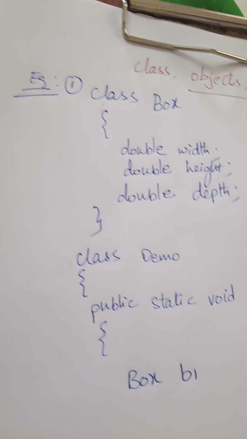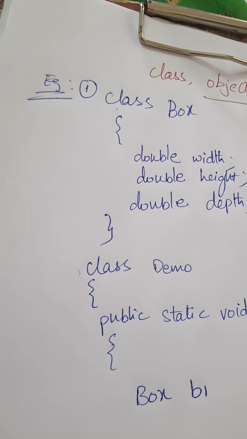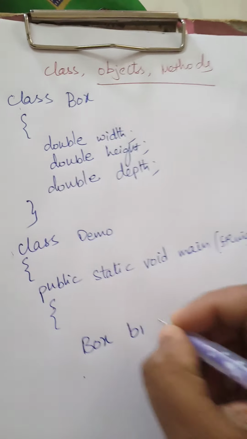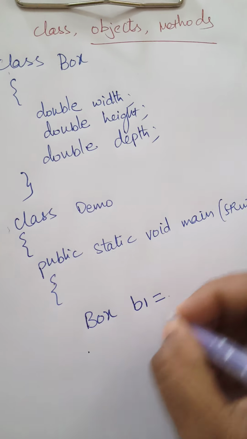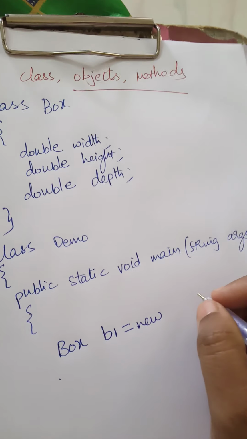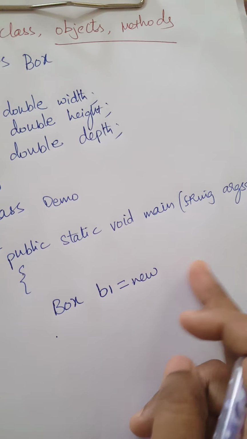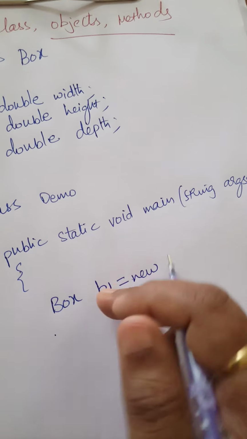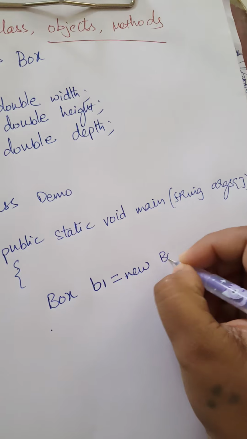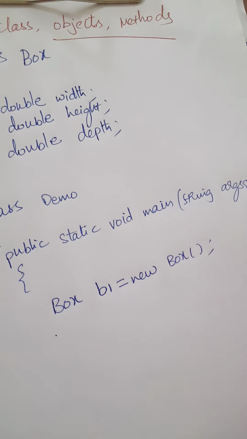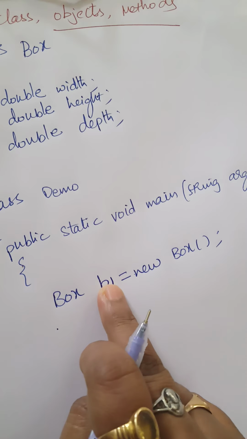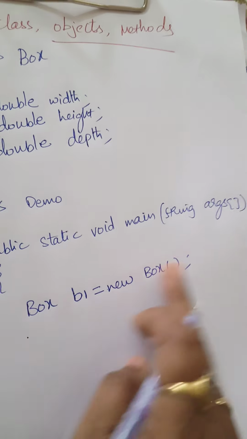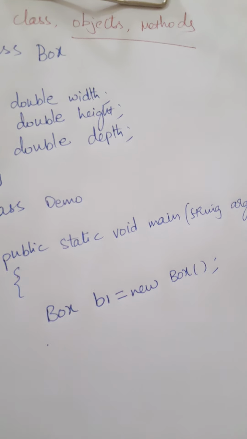Next you have to write new, and then you are creating an object of class type Box. So you are creating an object b1 of class Box. This is the syntax. I have created that.